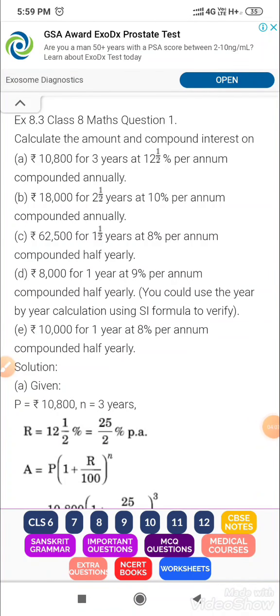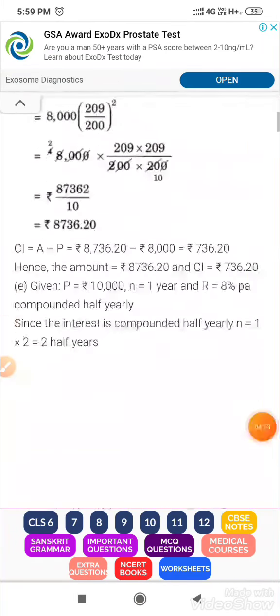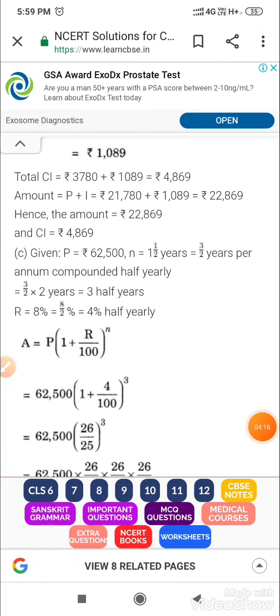Next part is we have to calculate amount and compound interest on rupees 62,500 for 1.5 years at the rate of 8% per annum compounded half yearly. It is given in the question that principal is rupees 62,500, time is 1.5 years and rate is 8%.